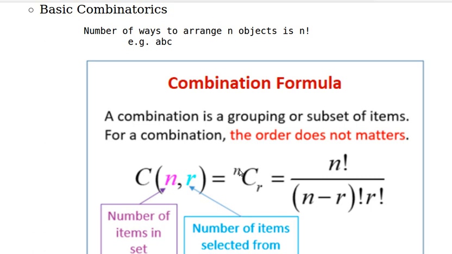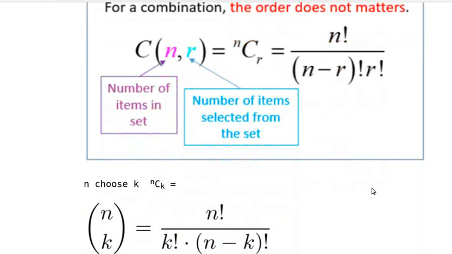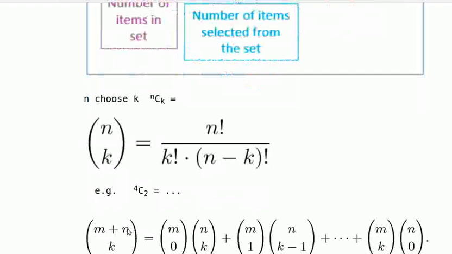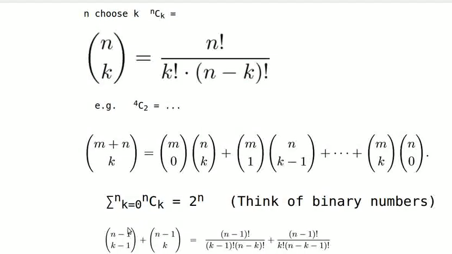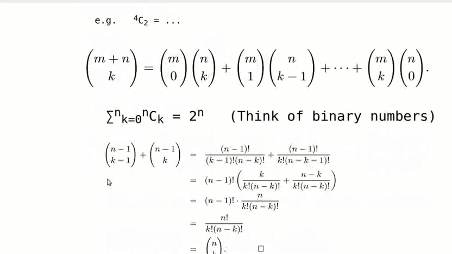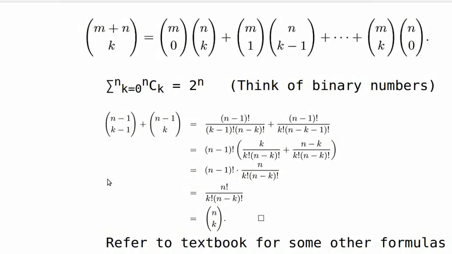It can be written like this, n choose r. It is equal to n factorial over (n minus r) factorial times r factorial, or sometimes it can be expressed in this symbol. And there are some formulas that we'll use later, like this one.